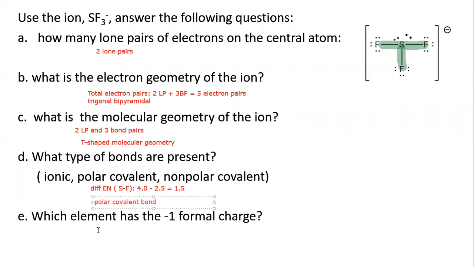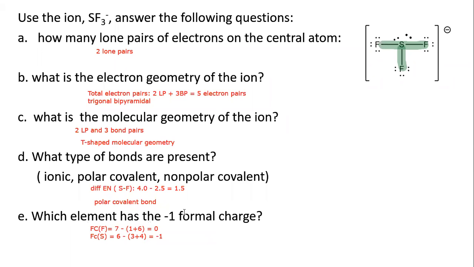The next question asks which element has a -1 formal charge. So we need to calculate the formal charge of both elements. So we have fluorine, 7 valence electrons minus 1 bond plus 6 lone electrons is 0. So each fluorine has a 0 formal charge, and sulfur, 6 valence electrons minus 3 bonds plus 4 lone electrons, has a -1 formal charge.